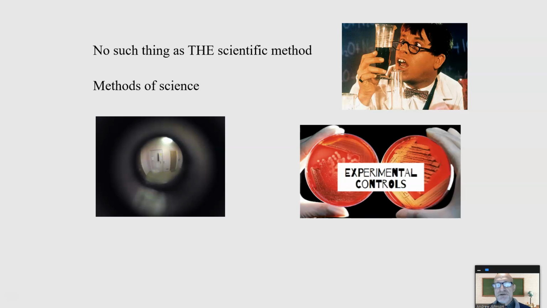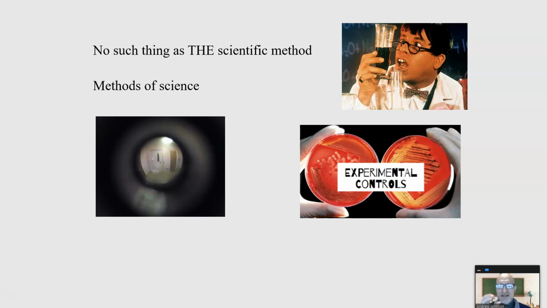However, there is no such thing as the scientific method. Instead, there are methods of science, different ways of asking questions and collecting data to answer those questions. Now, to assume that the only scientific method is controlled experimental research using the two groups, controlled and experimental, that's like looking at reality through a peephole.